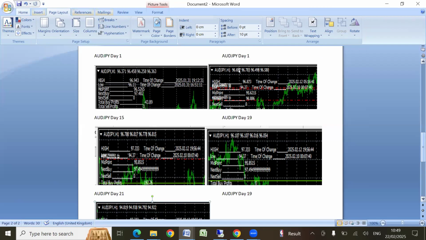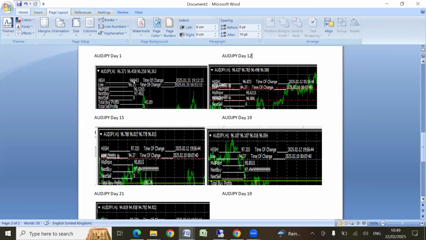Okay. So the next one, which is day 12. Sorry, I didn't change it. So the next one was day 12. After reformatting, the highest point is 96.987, like I told you, I had to reformat it.